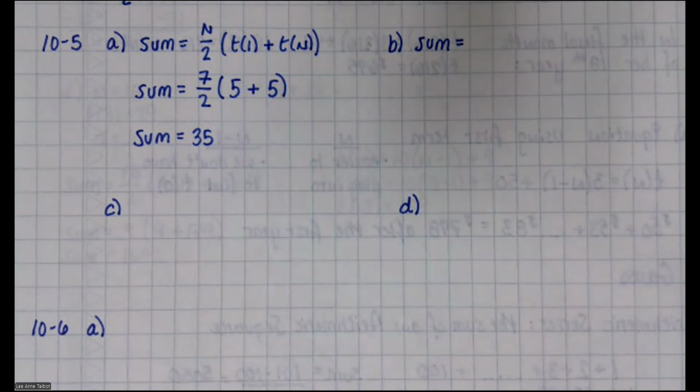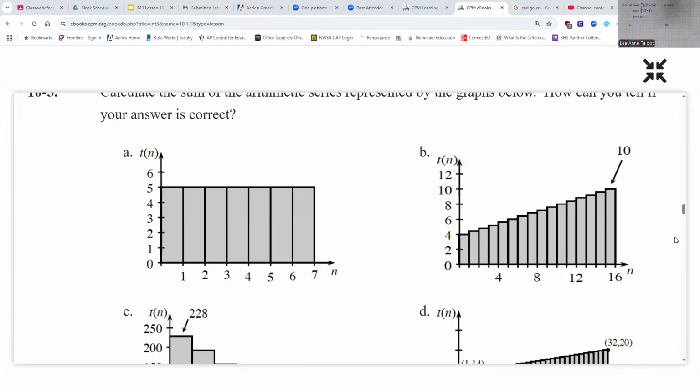Okay, are you ready? B. How many bars are in B? 16, right? 16 over 2. What is the height of the first bar? Plus, what is the height of the last bar?